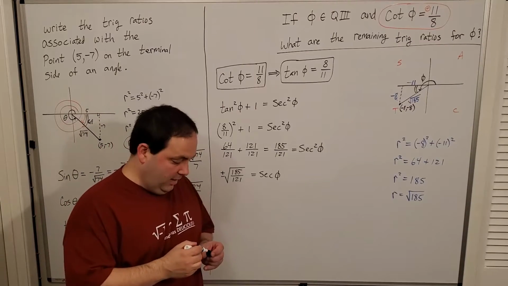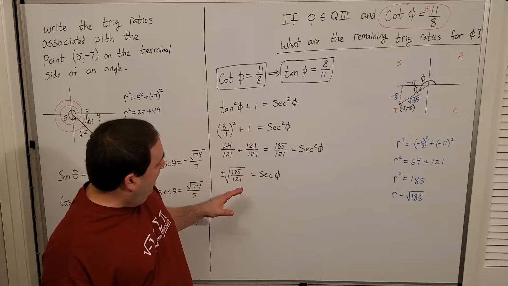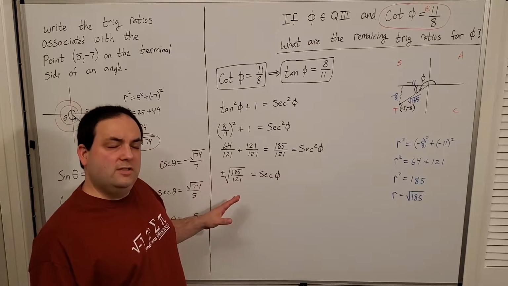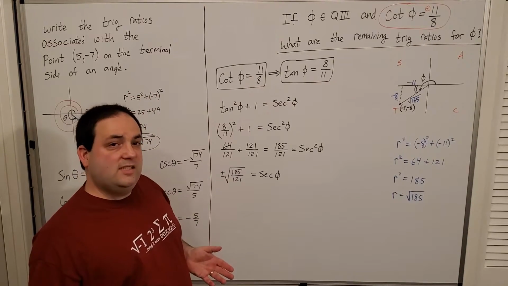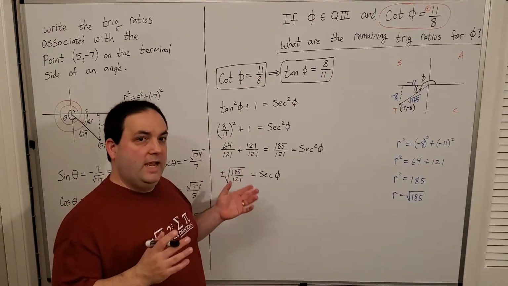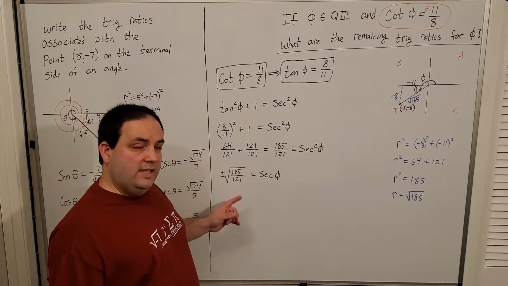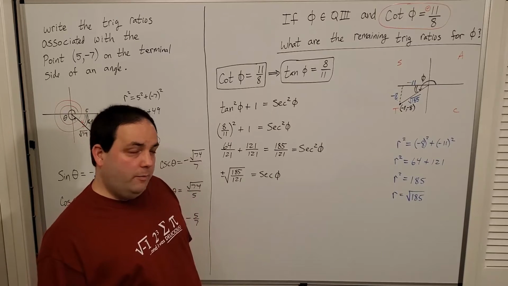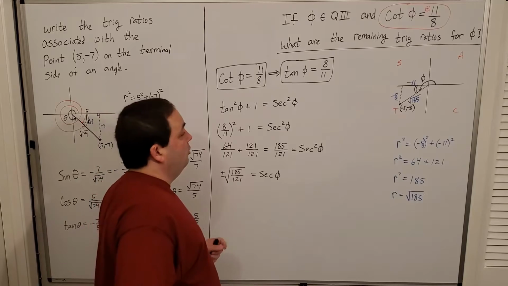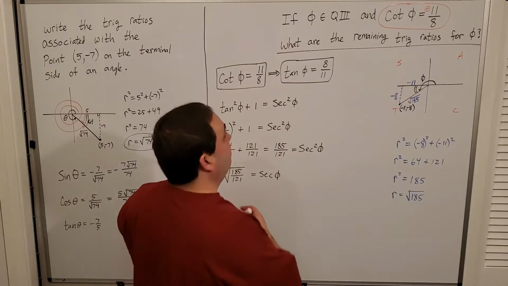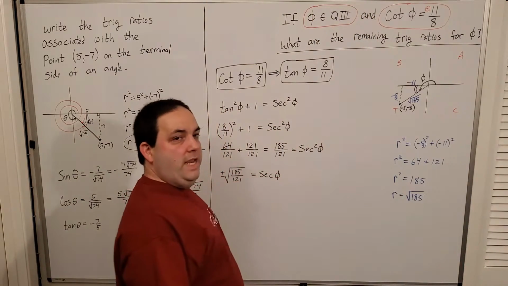Now, in the last lecture video, when we were talking about these identities, I just assumed positive all the time because we were only dealing with right triangles. Now that we're in the broad system, you have to remember, well, wait, it could have been negative or it could have been positive. So this right here is the choice that's going to set up the rest of your information to be correct or incorrect. I'm going to reference back up to my information, and I'm going to notice, hey, phi is in quadrant 3.